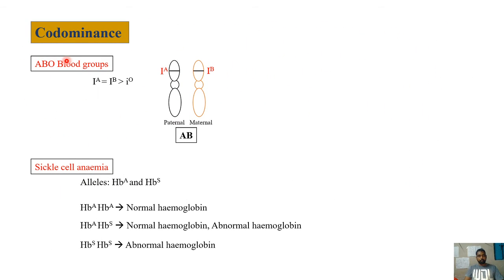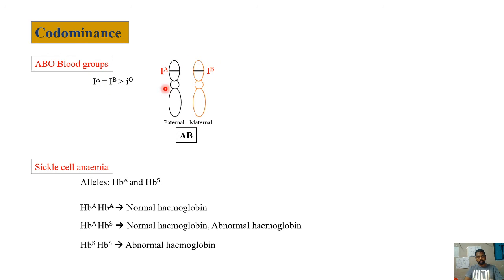While discussing multiple alleles, we have seen there are three different alleles responsible for the ABO blood grouping: IA, IB and small i. Here capital I is used for IA and IB, whereas small i is used for O. This is because capital I is dominant over small i. So you can see that IA and IB are co-dominant.